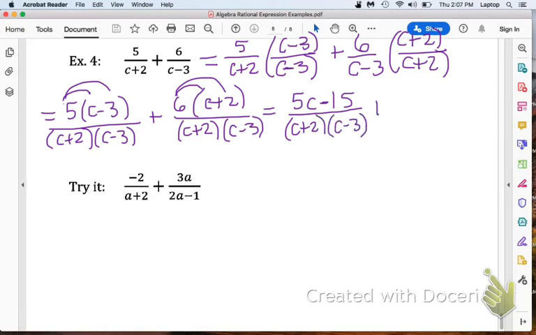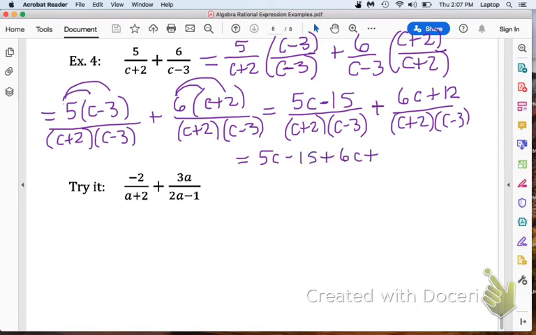Just in case, I'll show it to you with all the work so that if you do have a subtraction, you would have it simplified first. So 6c plus 12 all over our common denominator. Now we'll write it: 5c minus 15 plus 6c plus 12.